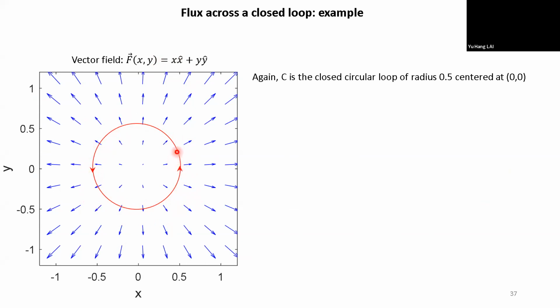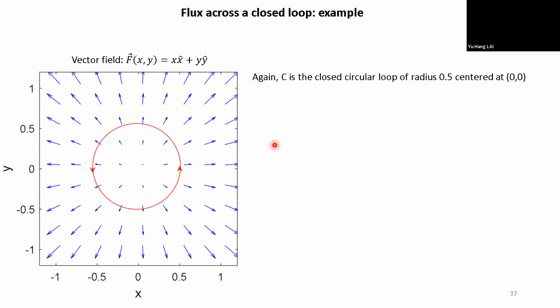If you just look at this picture before doing the calculation, you expect something positive, right? Because if you look at the arrows, they are all pointing out like this. So at the end, you expect some outflow from this boundary, some positive flux.